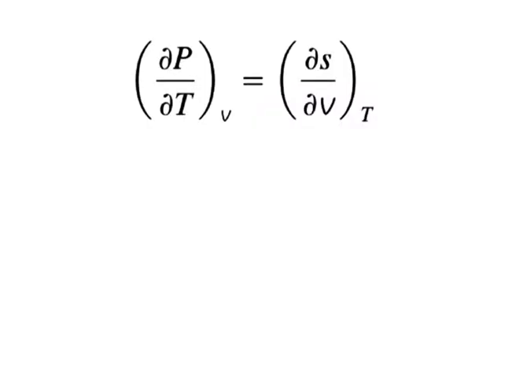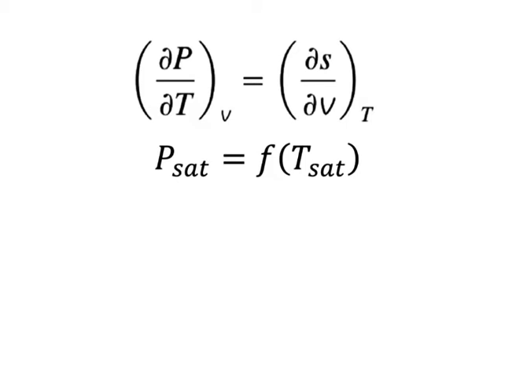Consider the third Maxwell relation, partial derivative of P with respect to T keeping V constant is equal to partial derivative of S with respect to V keeping T constant. During a phase change process, the pressure is a saturation pressure which depends on the temperature only and is independent of the specific volume, that is, P saturation is equal to f(T saturation).